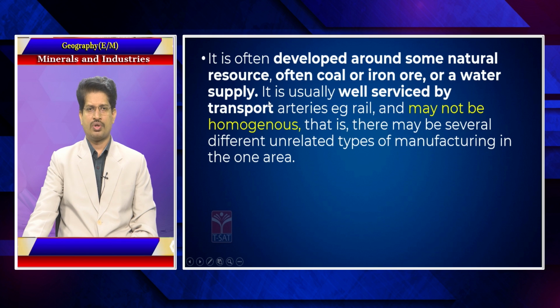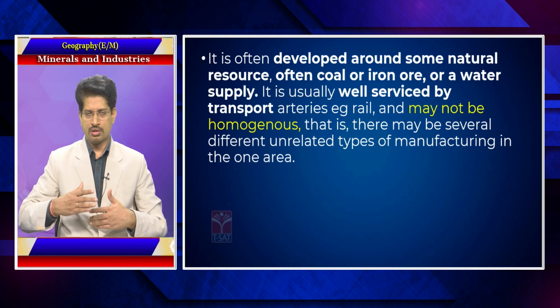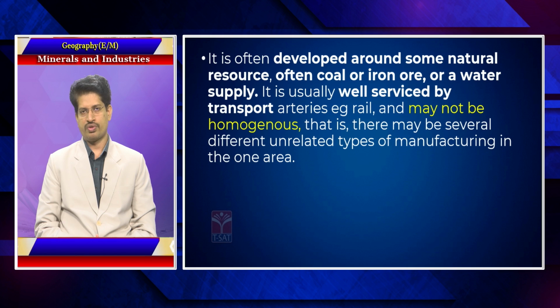So, it is usually well served by transport. If you have a good transport line like railways, roadways or waterways, as a channel for marketing the processed goods, the probability of establishing an industry will be there if you have infrastructural facilities. And these industrial regions may not be homogeneous.